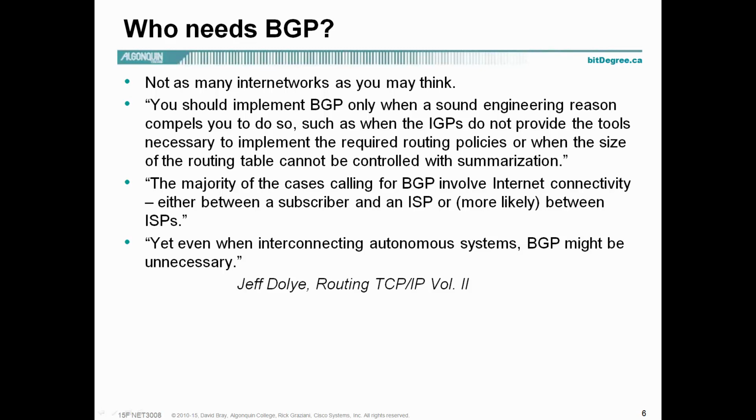The majority of the cases calling for BGP involve internet connectivity, either between a subscriber and an ISP, or more likely between ISPs. Yet even when interconnecting autonomous systems, BGP might be unnecessary. So this is really overall a warning to say, use it only when you need to use it, and make sure you know what you're doing when you're using it.